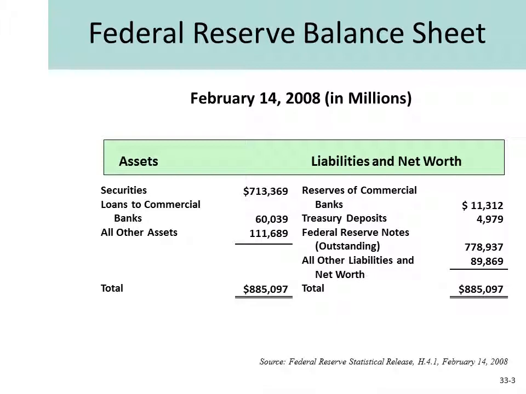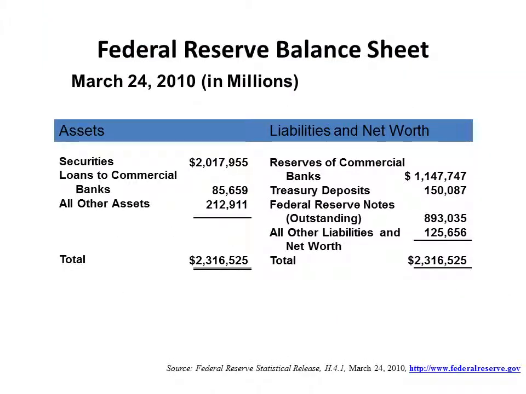But let's look on the next slide. In this particular slide, we have the Federal Reserve's balance sheet just 2 years later, 2010. You can notice that the balance sheet of the Federal Reserve expanded quite enormously in a 2-year period. This is because of all the work the Federal Reserve, our nation's central bank, has done to try to bail out, to try to rescue the economy. The Federal Reserve bought all kinds of securities, bonds where it was difficult for other people to find a market to buy them.